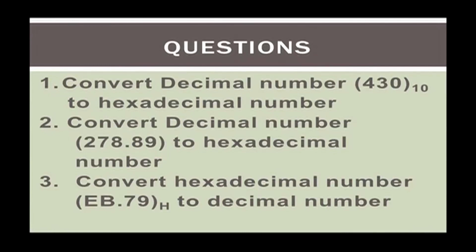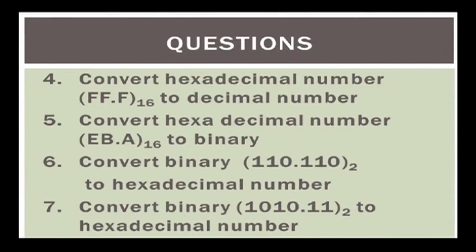Try to convert this decimal number to a hexadecimal number. Same way, you convert a hexadecimal number EB.79 to a decimal number. I will repeat, EB.79 to a decimal number. Similarly, you take another problem, an easy one, .F. You convert this number .F, which is a hexadecimal number, to a decimal number.